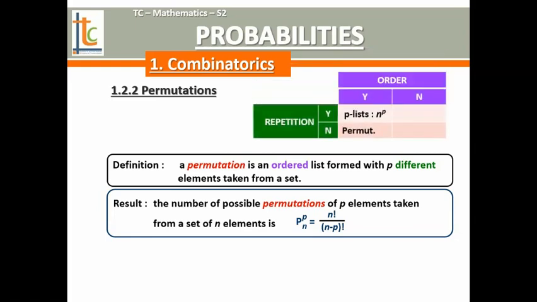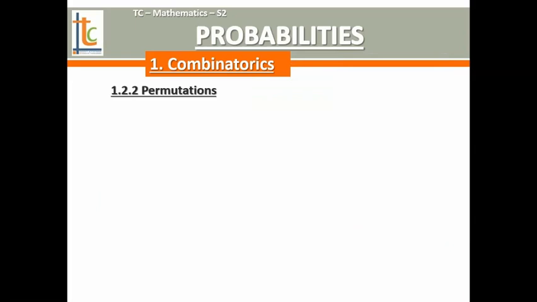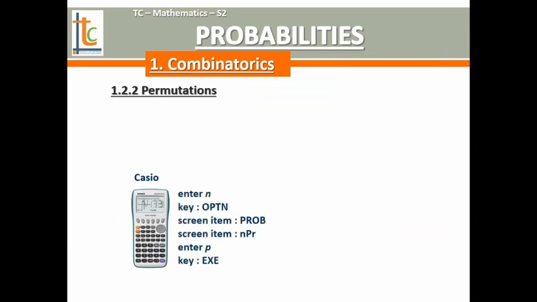In our table, its location is order yes and repetition no. So you have here to calculate permutations. How do you ask for permutations directly in your calculator? With a Casio, you have to enter the value of n first, and then go to the option key on the top left of your calculator.